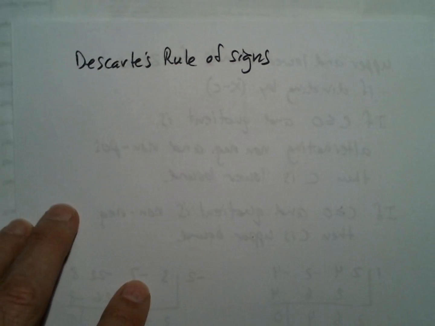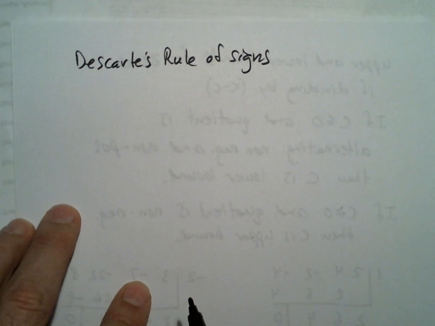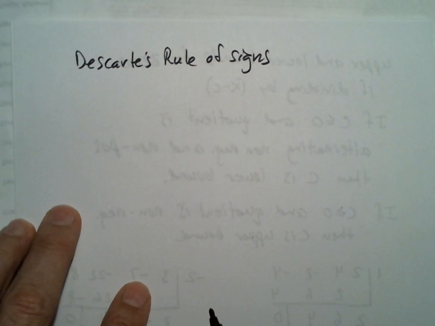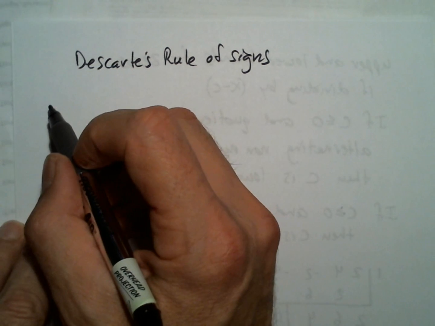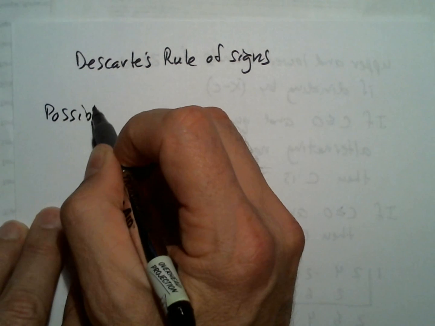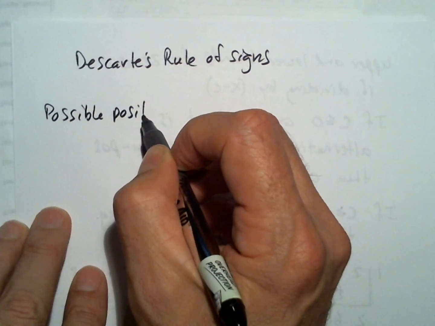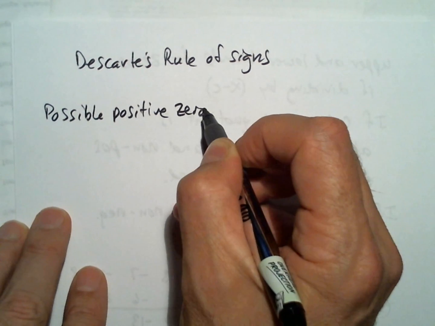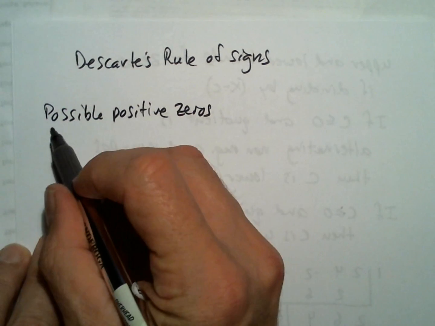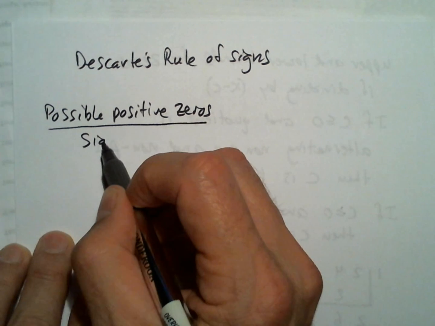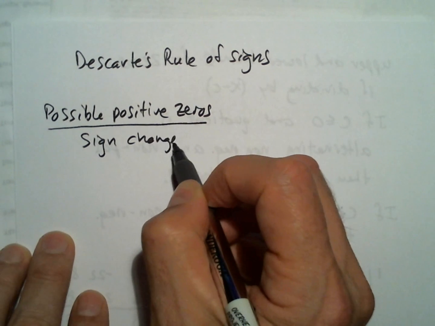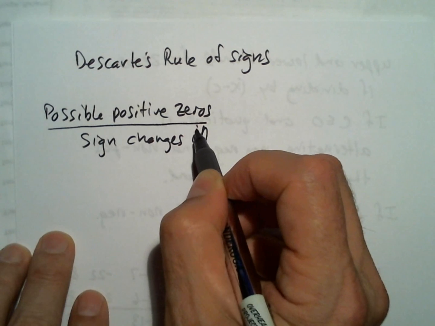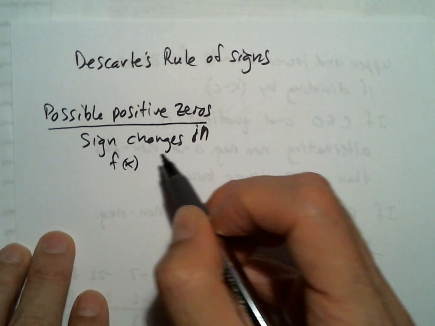Here's another way to limit our choices in guessing. We look at the sign changes in the polynomial. We can look for the possible positive zeros, and we do that with sign changes in the polynomial.